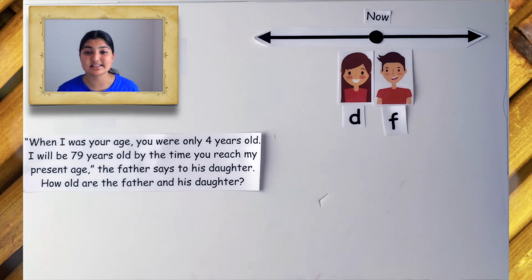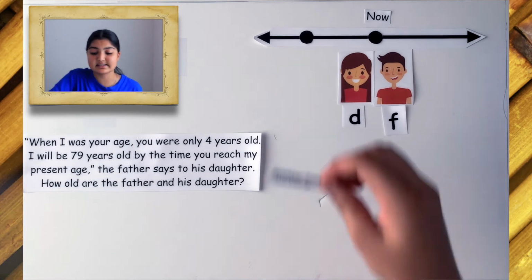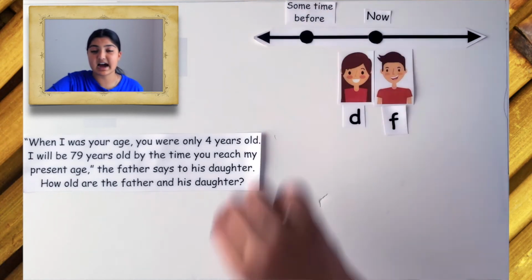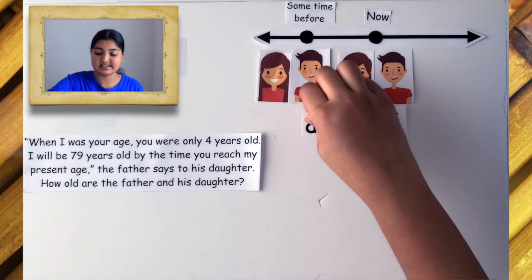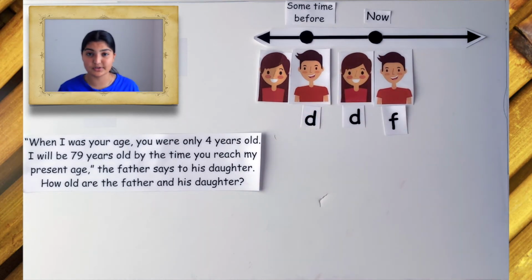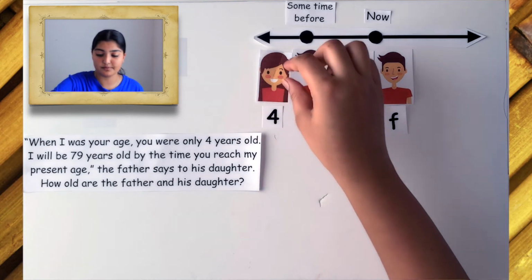So let's put this on our timeline. This point represents some time before. So when the father was D years old, the daughter was only 4.